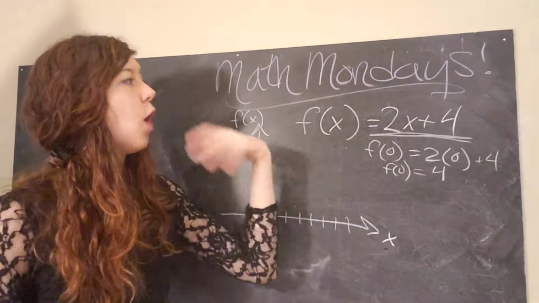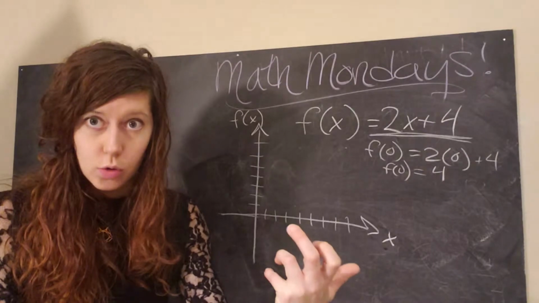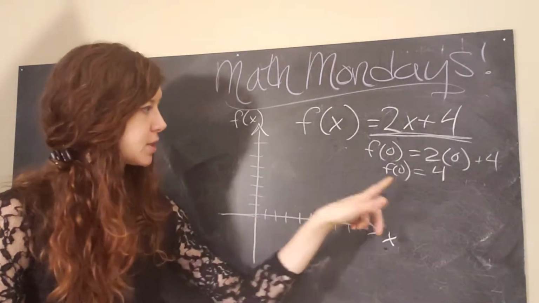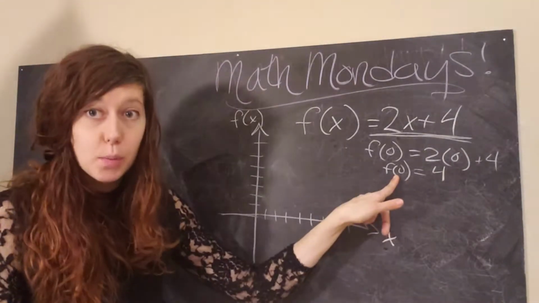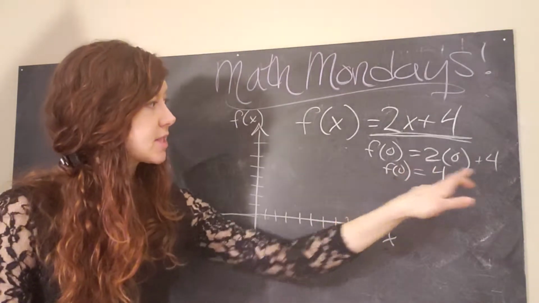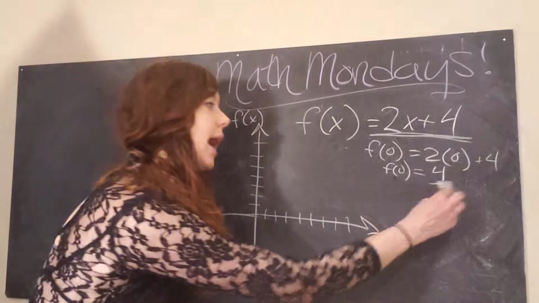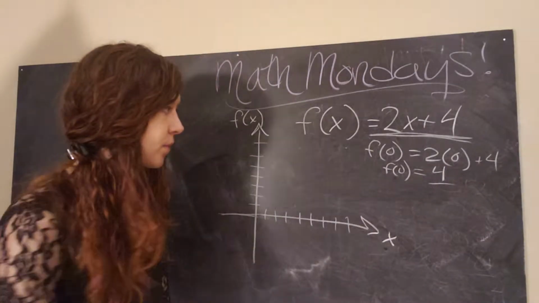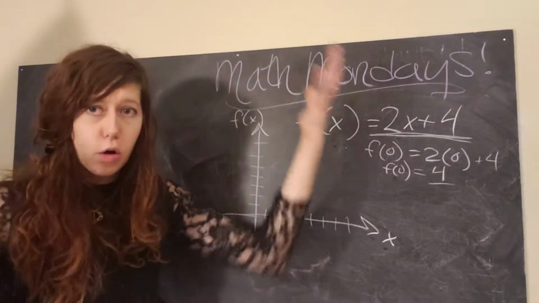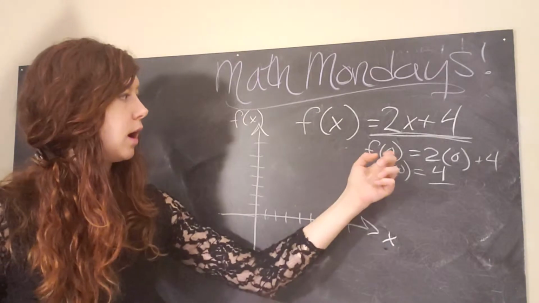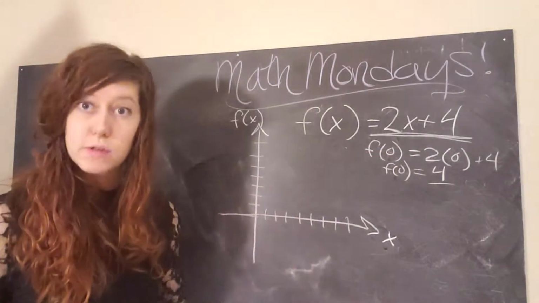And then the output is the result of our function. So in this case, our input is 0, the something that happens is that we solve this equation, and the output is 4. We can do this for all different sorts of test values for x.